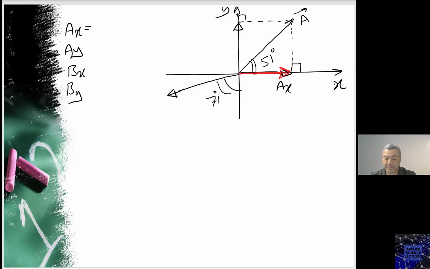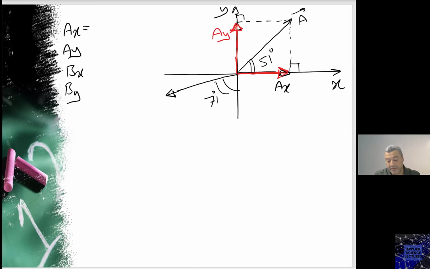This is AX. This is AY. This is BX. This is BY. Now, notice that BX and BY should be negative, right? Because they are pointing in the opposite direction.